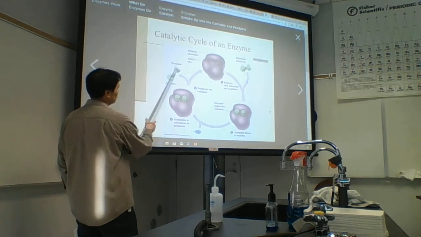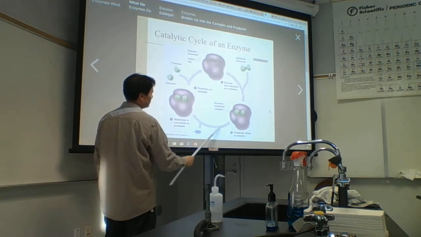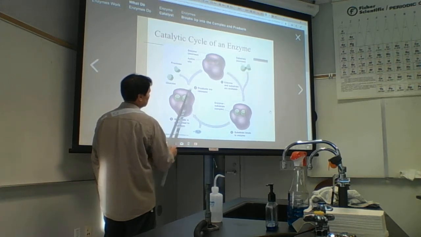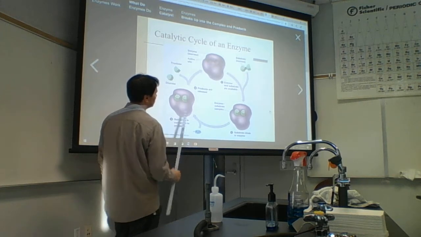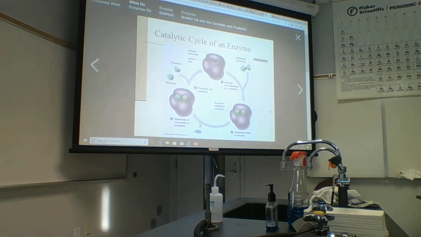And the glucose and the fructose break off. We regenerate the catalyst. So the catalyst can be reused over and over again. So it's used and then regenerated, used. So that's a case where the catalyst is weakening the bond.